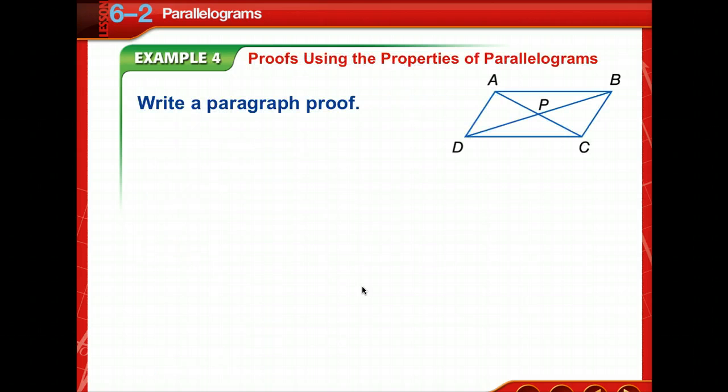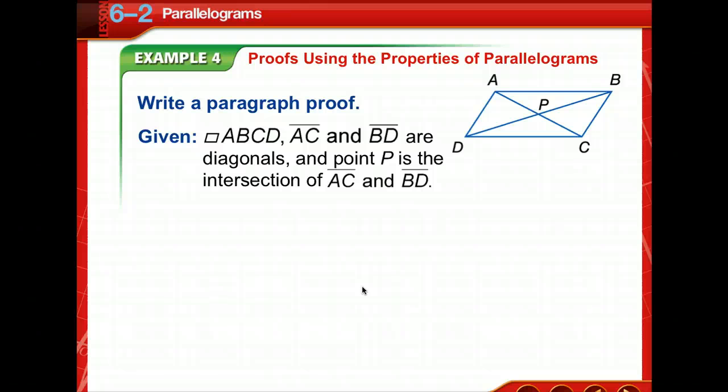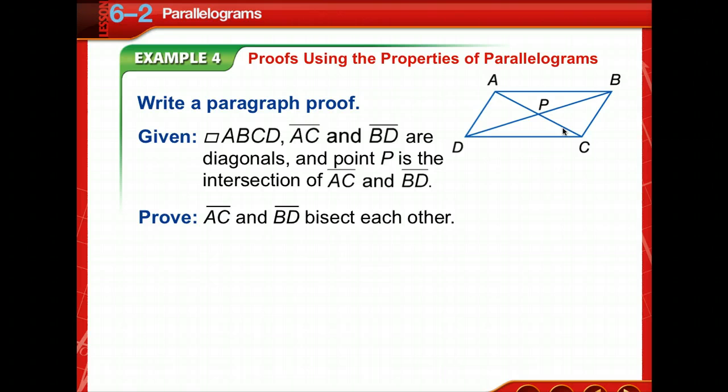And finally, you can use the properties of parallelograms and their diagonals to write proofs. Oh yes, you thought we were done with proofs, didn't you? Not quite. Parallelogram ABCD is what we're given. AC and BD are the diagonals, and point P is the intersection of AC and BD. We're supposed to prove that AC and BD bisect each other.